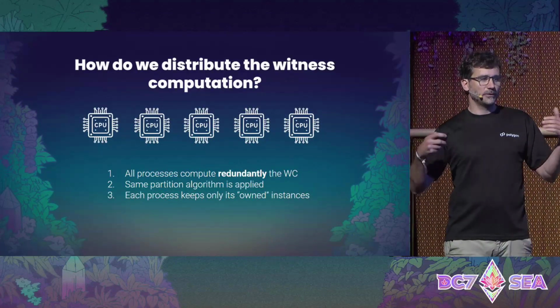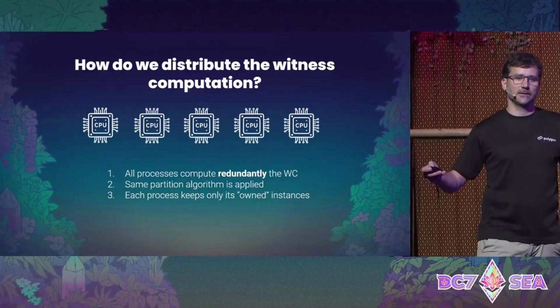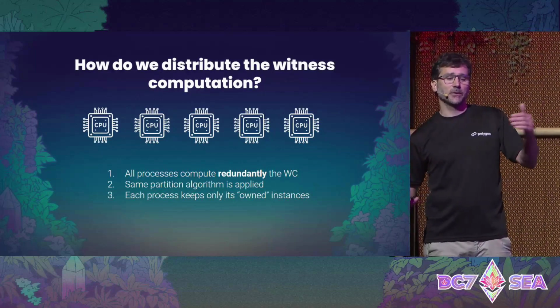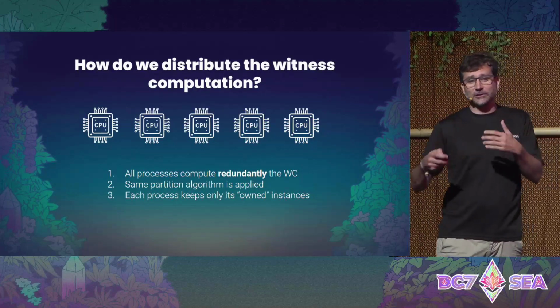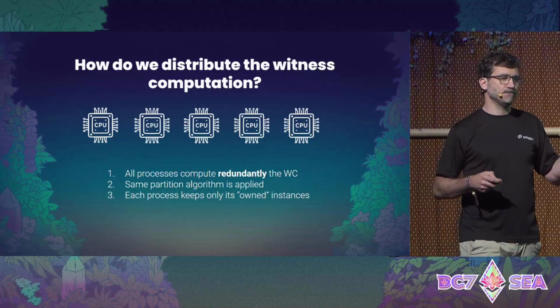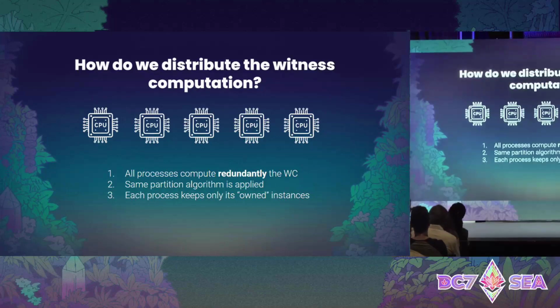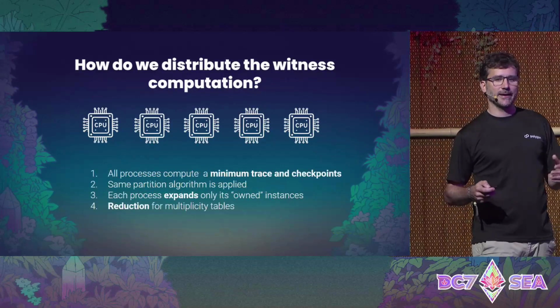Let's do the computation of the witness redundantly in every process. Okay, that's fine. We have gotten rid of the communication costs, but we are not accelerating because it's redundant, and we have high memory requirements in all the processes because all of them have to store the whole trace. So we're still not there. Okay.